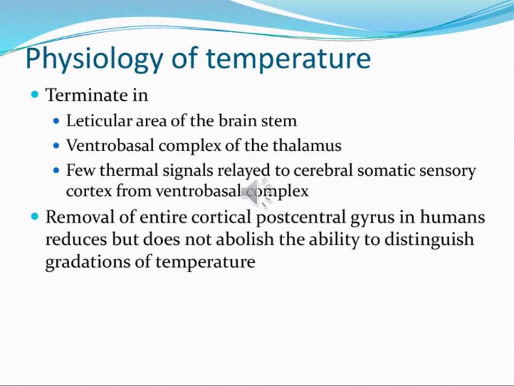If the entire cortical postcentral gyrus is removed in humans, it does not completely abolish the sensation of temperature, but it just basically reduces the ability to sense different grades of temperature, because mainly the perception of temperature occurs at the level of the brainstem and the thalamus.